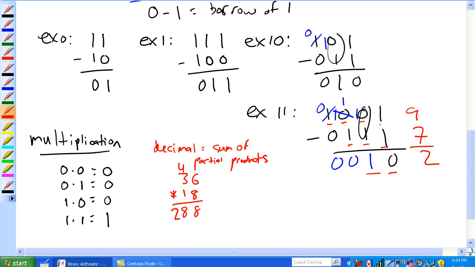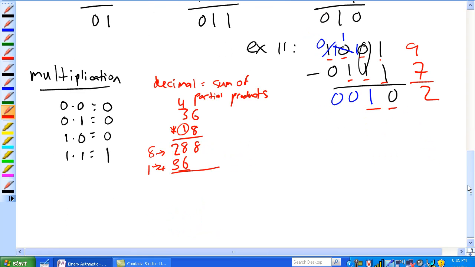Now, we multiply times 1, but notice how we're going to start right here. Okay? So, 1 times 36 is 36. Those are the partial products, using 8 right here, using 1 right here. And all you do is sum those.